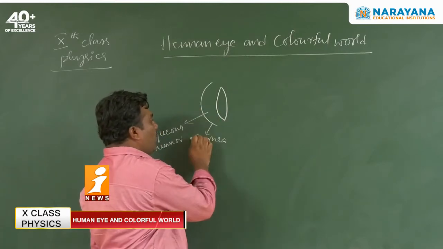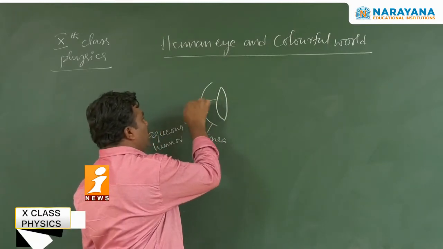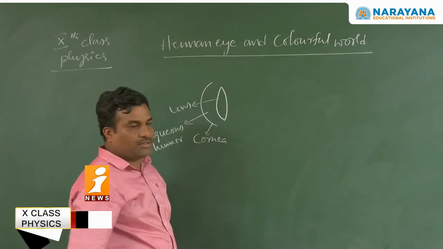In between the cornea and the lens we can observe the aqueous humor.